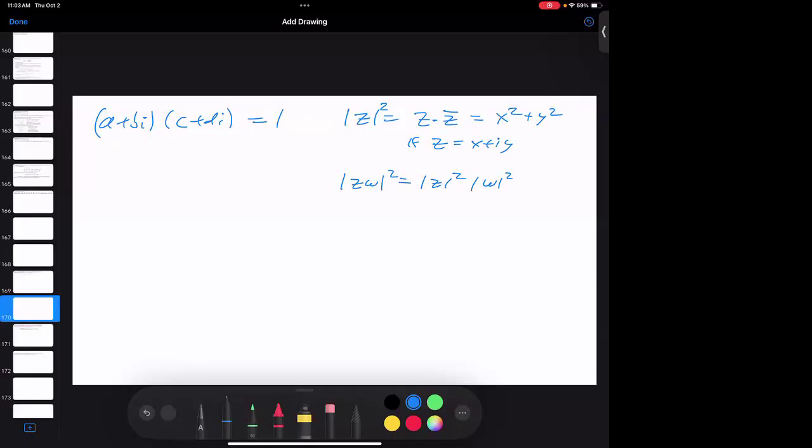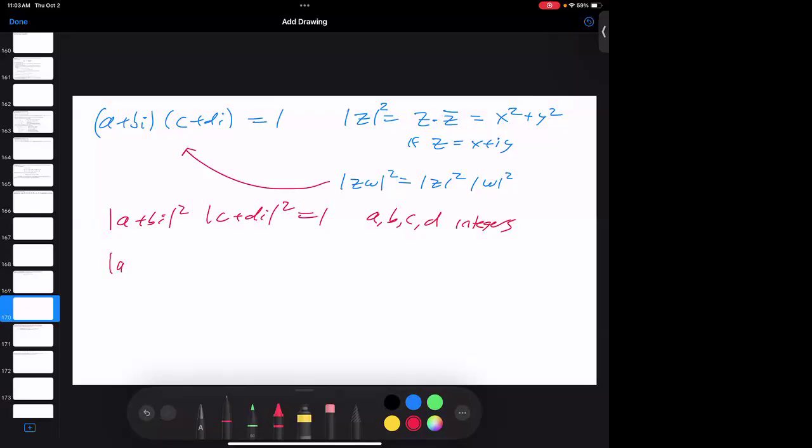Well, if we use that over here, then we would get the length of a plus bi squared times the length of c plus di squared equals 1, with a, b, c, and d integers. If a, b, c, and d are integers, we need two numbers that multiply to 1 that are coming from the integers.